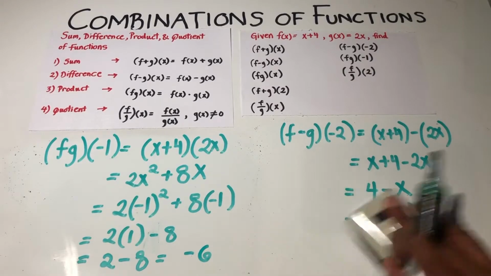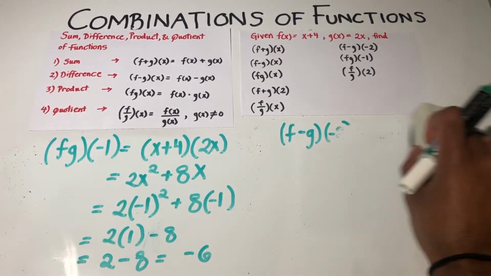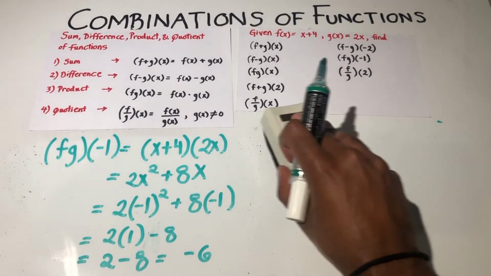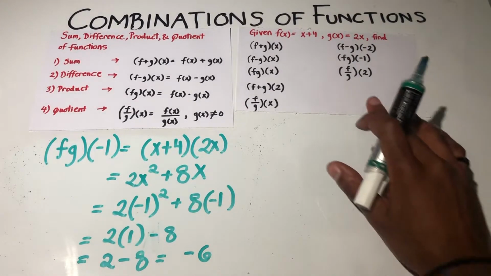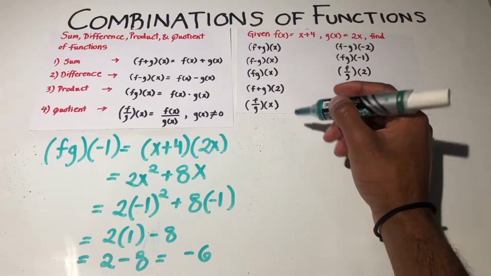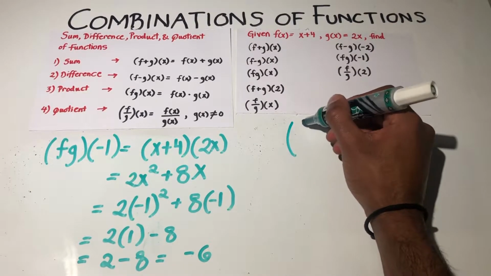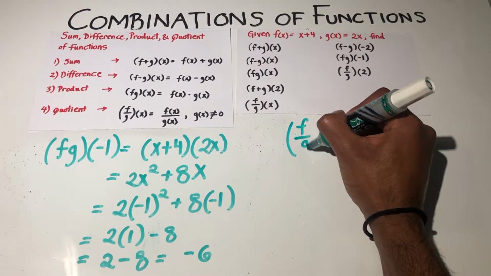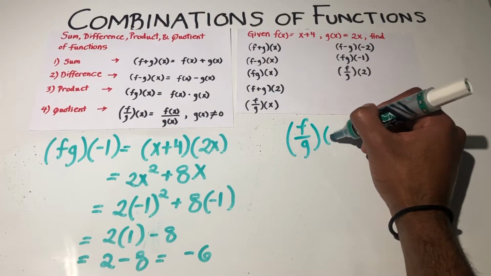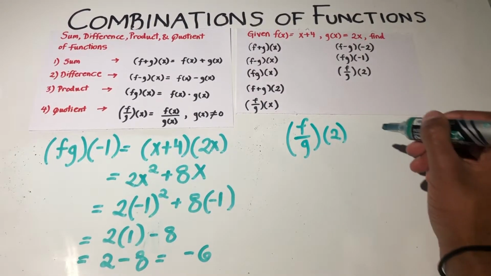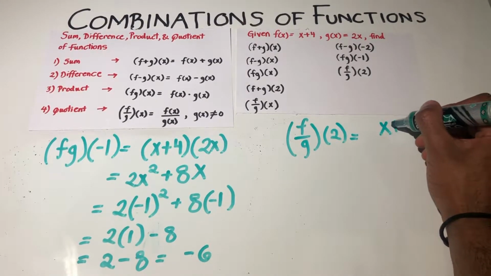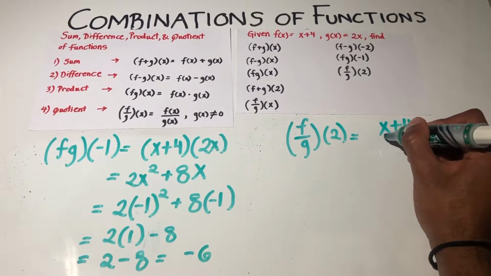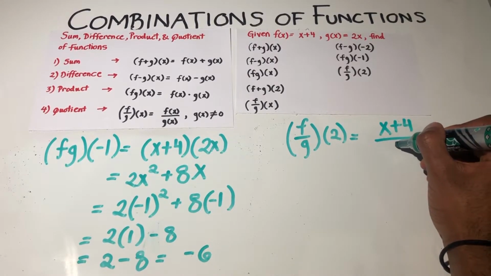We have our last problem, which is a quotient problem with a value. We have f over g of 2. So it's going to give us x plus 4 over 2x.